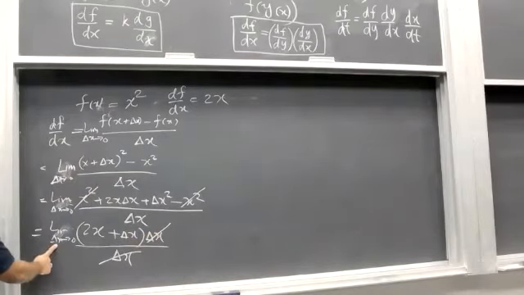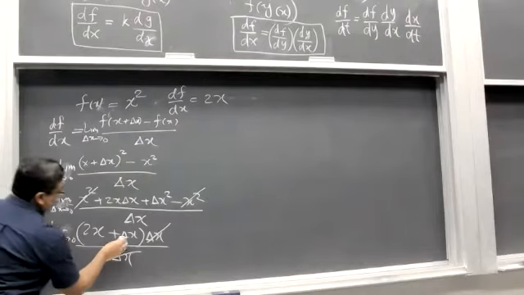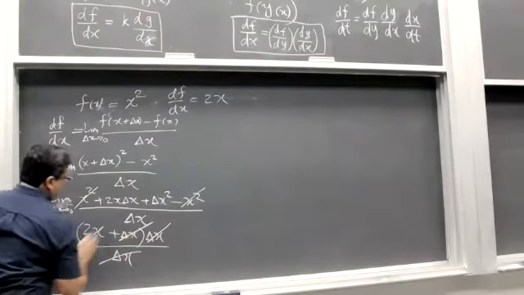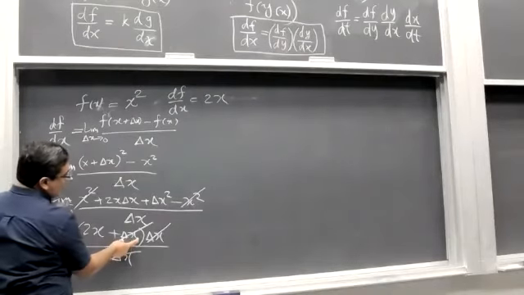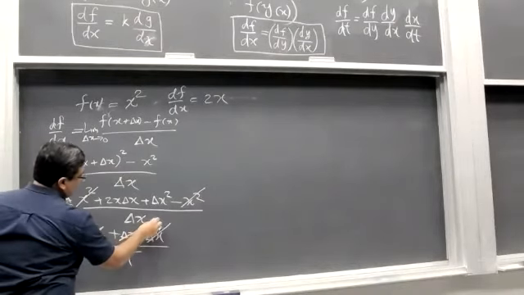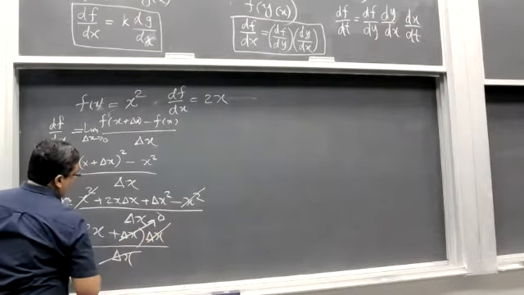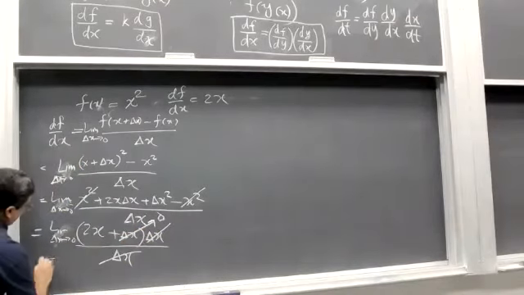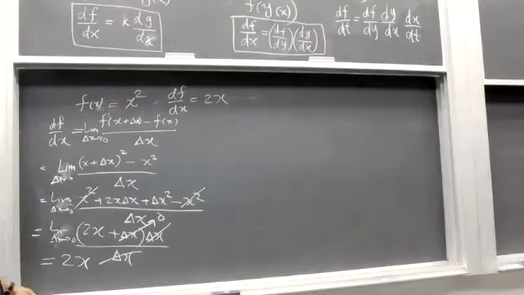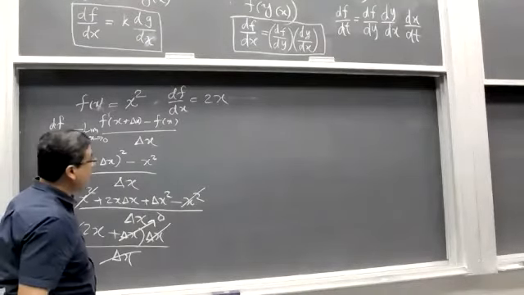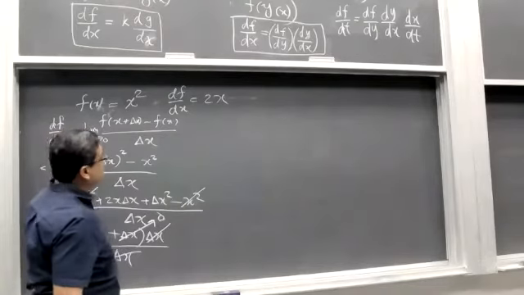Now I'm going to evaluate the limit. Since delta x is approaching 0, this is going to be so small that I can ignore it, and what I would be left with is 2x. This is an example of derivative by ab initio.